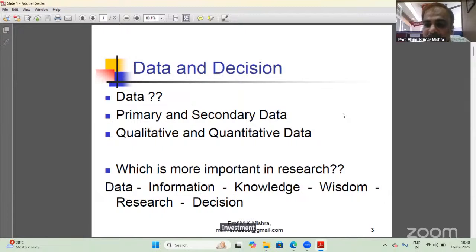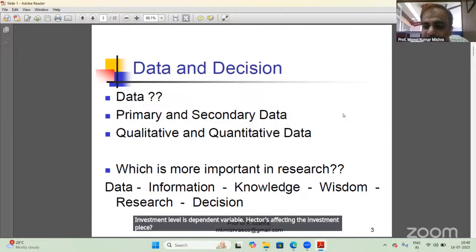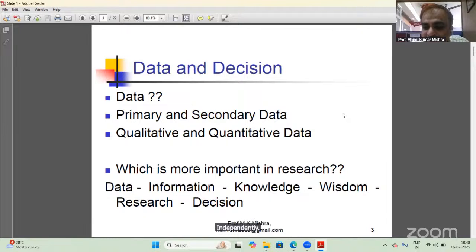Investment level is the dependent variable. Factors affecting the investment are independent variables. Factors affecting the investment may be qualitative, may be quantitative, may be both, but generally both.